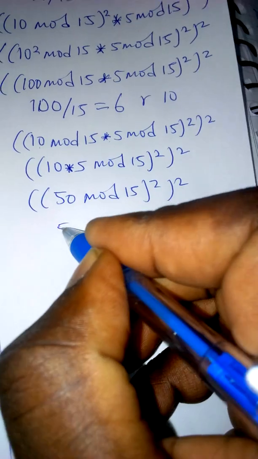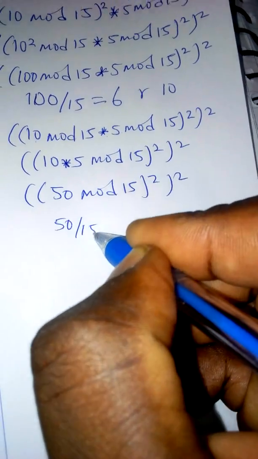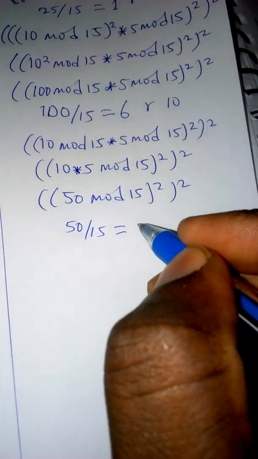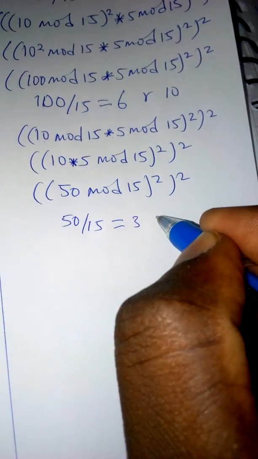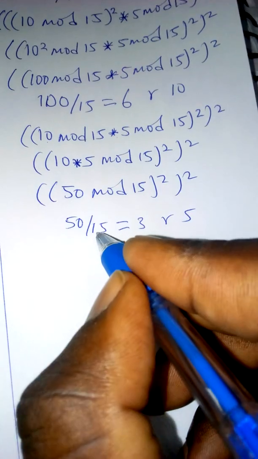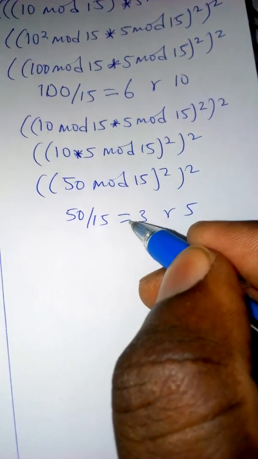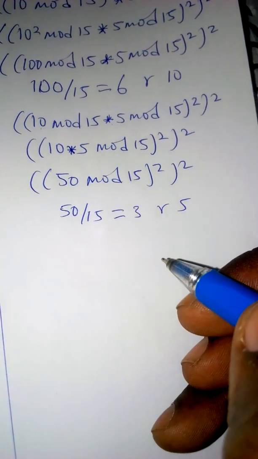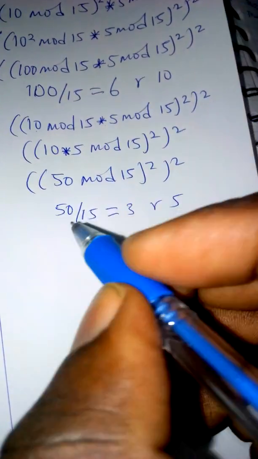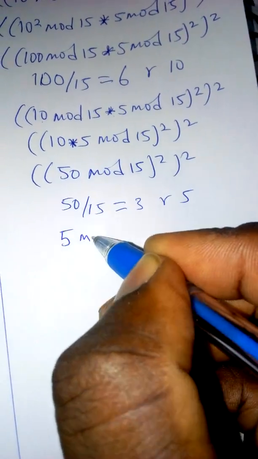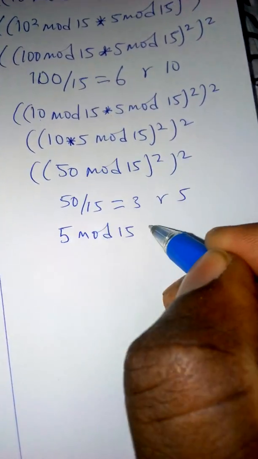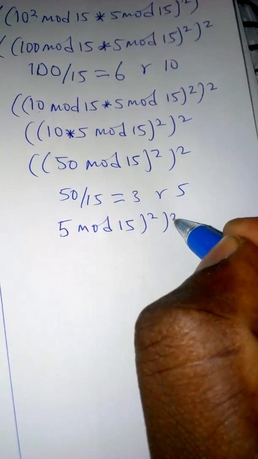This is the same as 50 divided by 15, which is 3 remainder 5. 15 goes into 50 three times, and we have 5 as our remainder. So we replace 50 with 5, mod 15, squared.